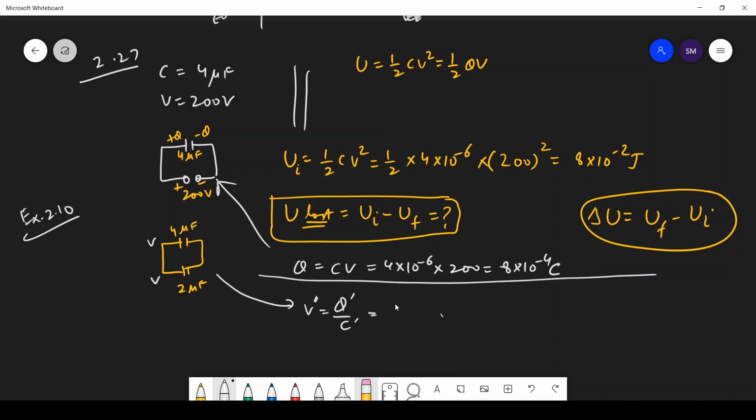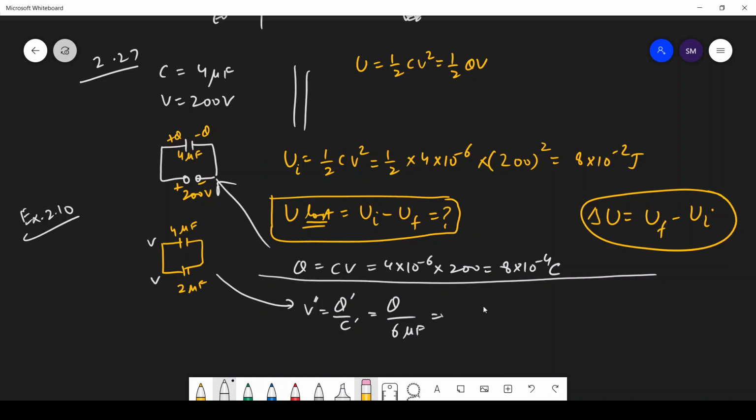The charge will remain the same as Q. And what is the equivalent capacitance of this circuit? They are connected in parallel, so C1 plus C2, so 4 plus 2 is 6, right? So this is 6 microfarad.